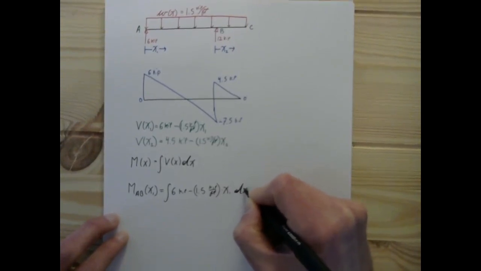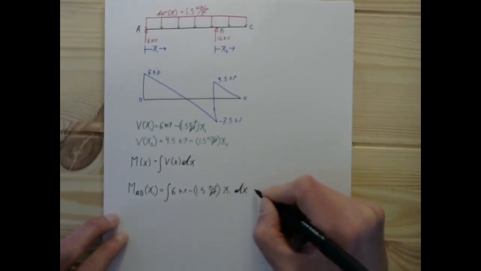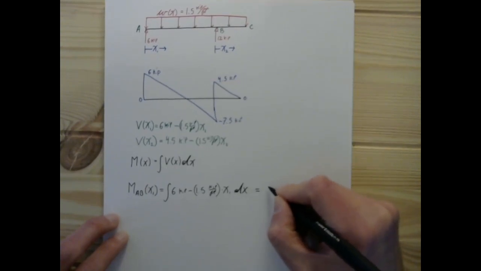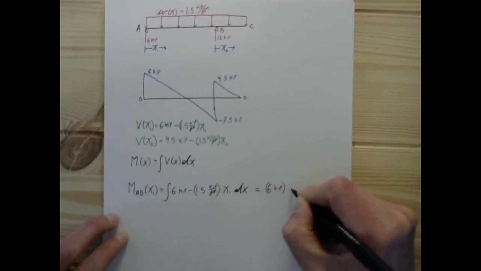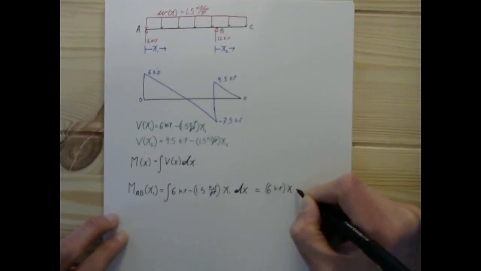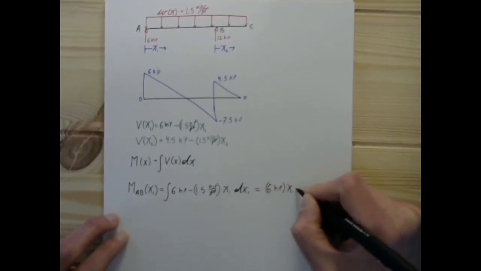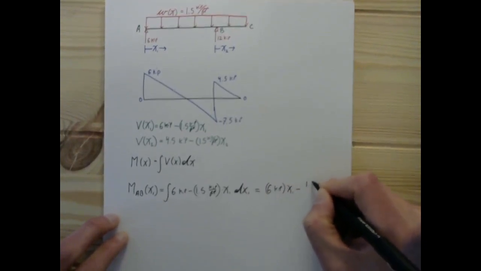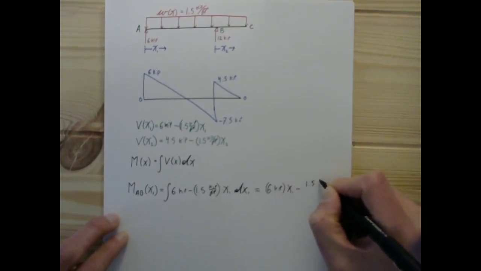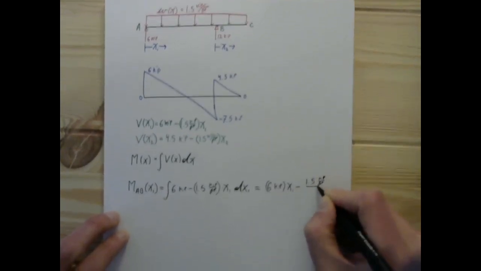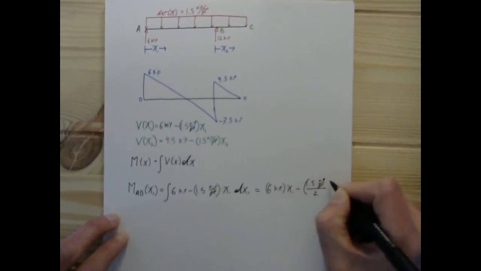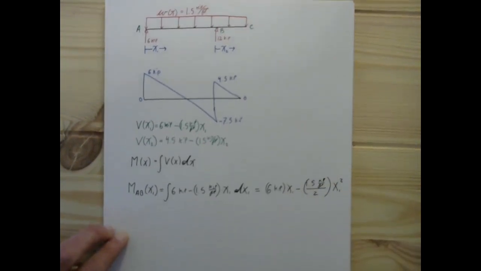Which is going to be 6 kips x1 minus 1.5 kip per foot divided by 2 x squared.